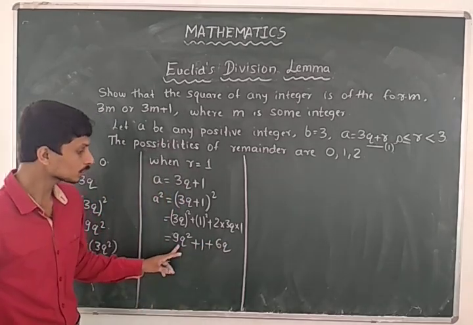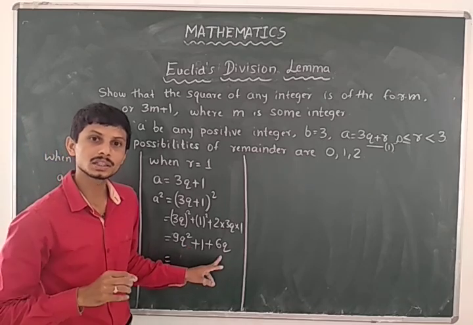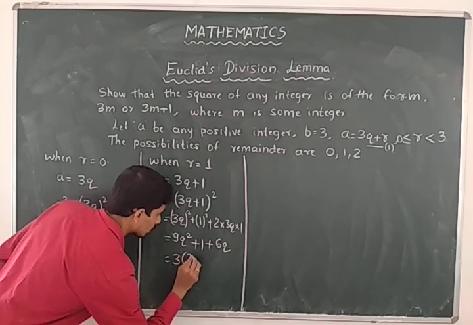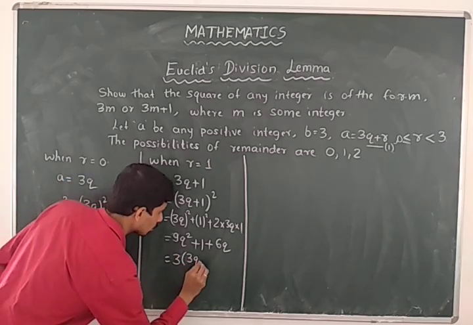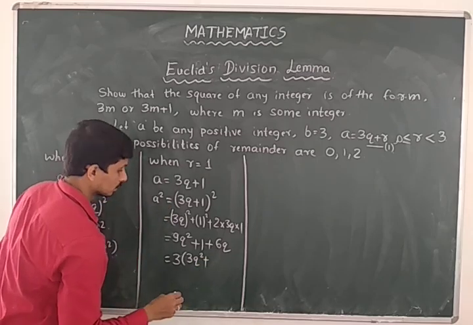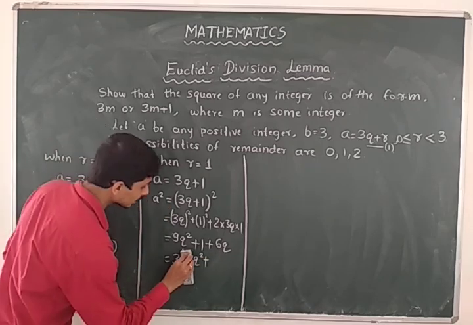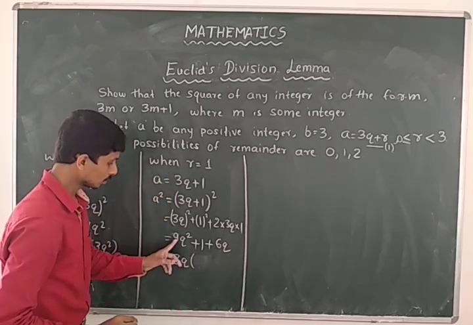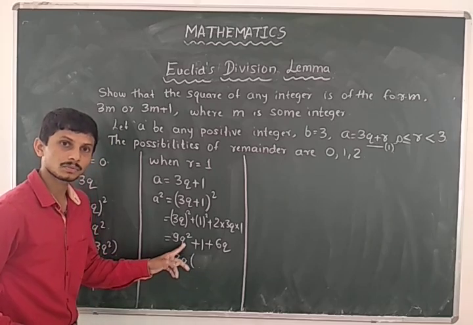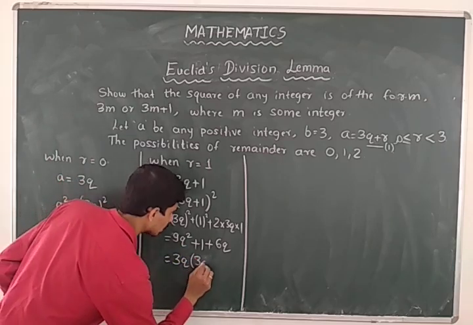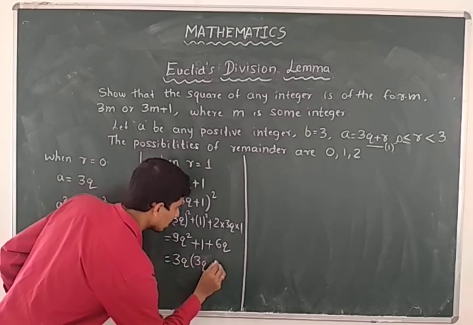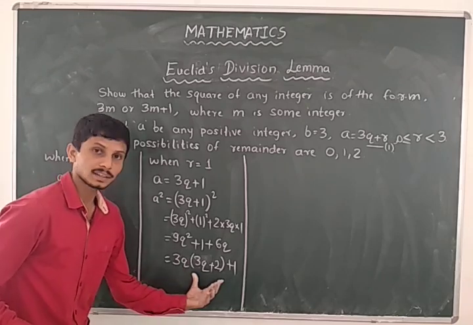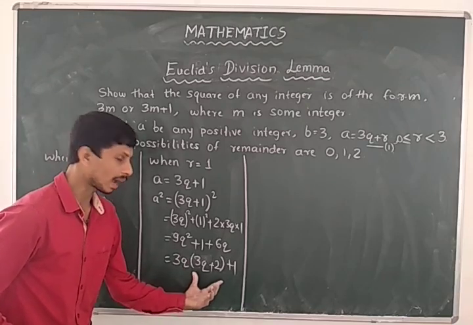From this 9q square and 6q we have to take 3q common. If we take 3q from 9q square, we get 3q, and from 6q we get plus 2, so 3q into 3q plus 2, plus 1. Let us consider 3q plus 2 as m.